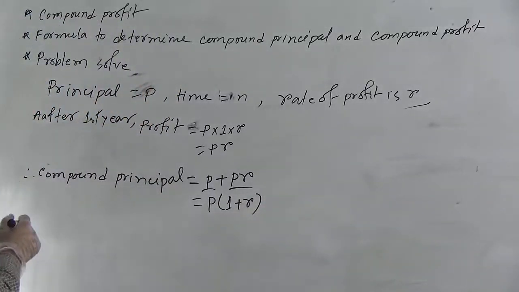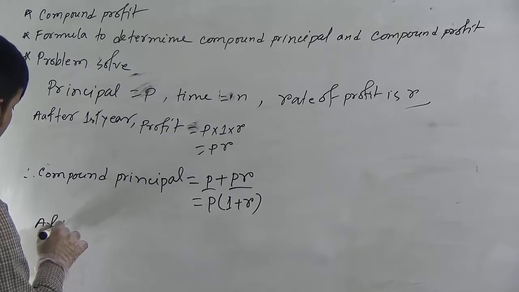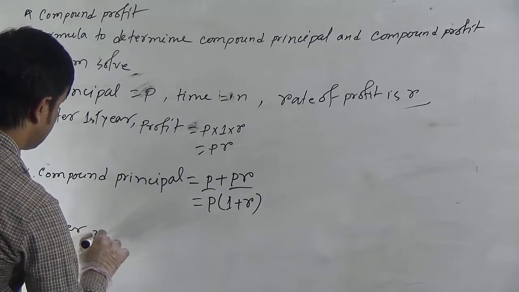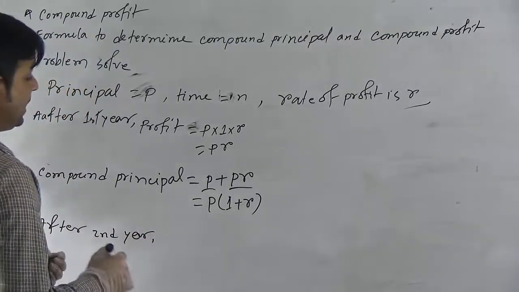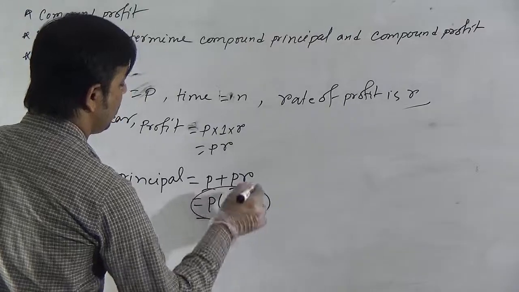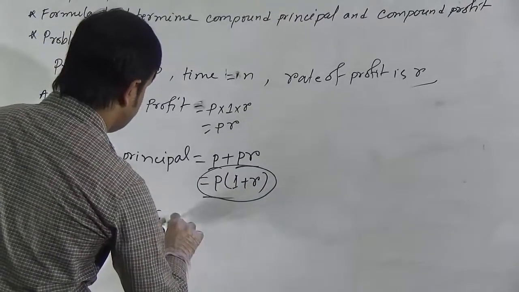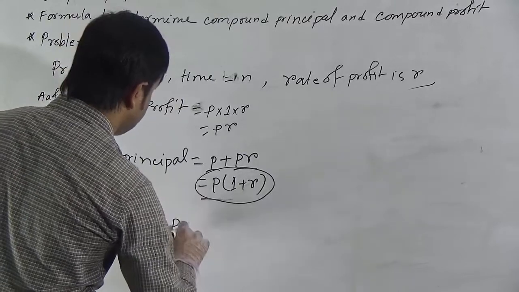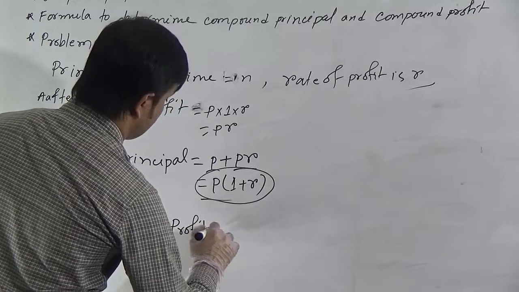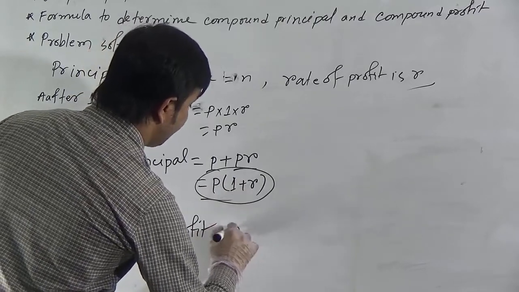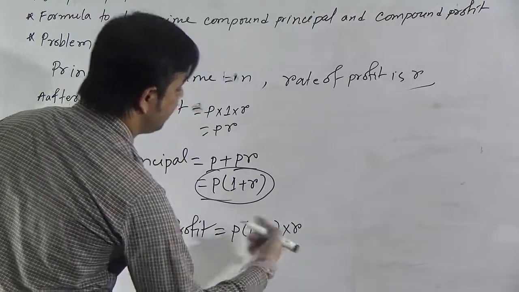For the second year, after second year, our principal will be P into 1 plus R. So the profit after second year is P into 1 plus R into R, as value of N is 1.